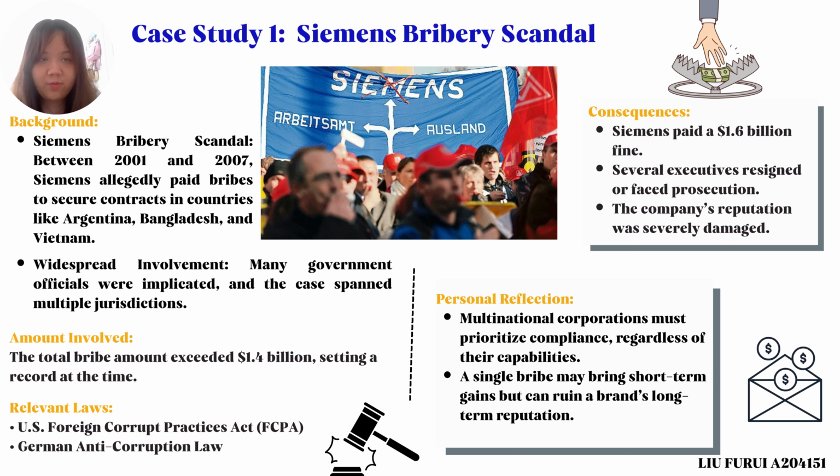From 2001 to 2007, Siemens gave bribes to get business contracts in countries like Argentina, Bangladesh, and Vietnam. They paid more than $1.4 billion in bribes. This is a very big number. Many government people were involved.